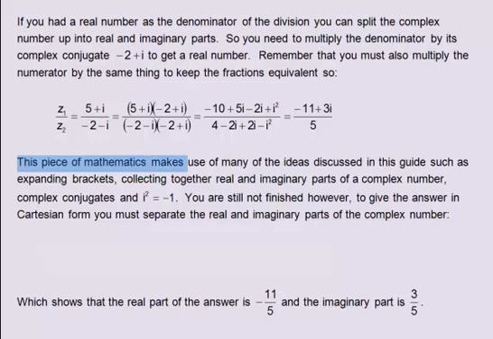This piece of mathematics makes use of many ideas discussed in this guide, such as expanding brackets, collecting together real and imaginary parts of a complex number, complex conjugates, and i² equals −1.